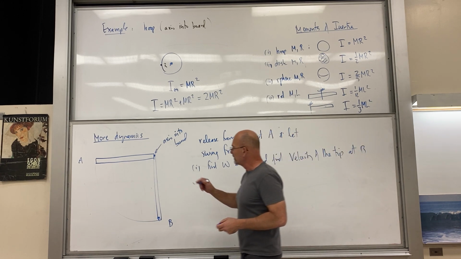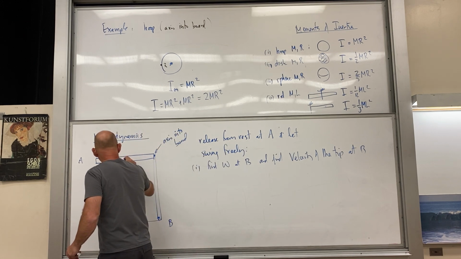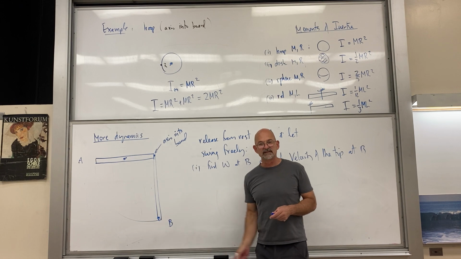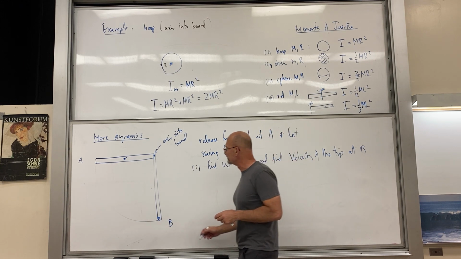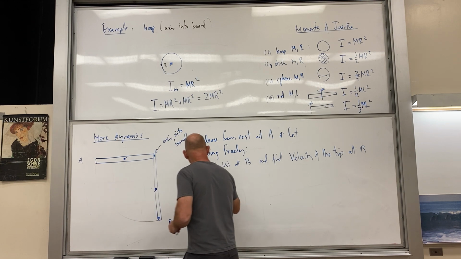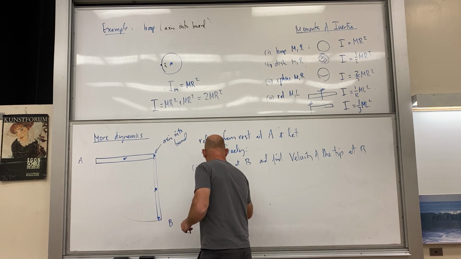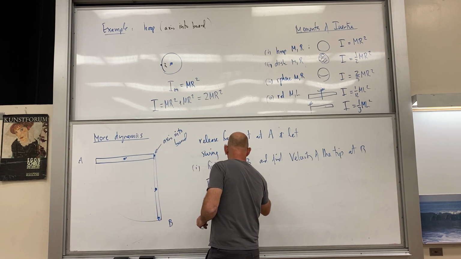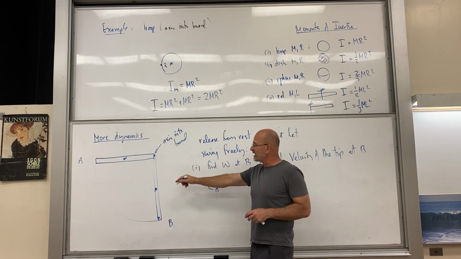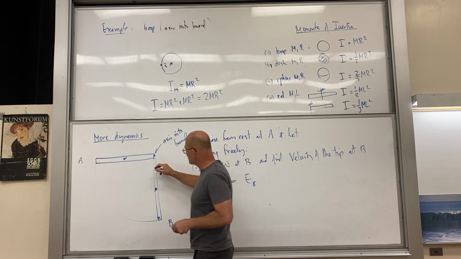So what are we going to do here? This is an energy problem. If I write A and B, there's a chance that it's an energy problem. So the thing started out with no kinetic energy, and we could say it had potential energy.